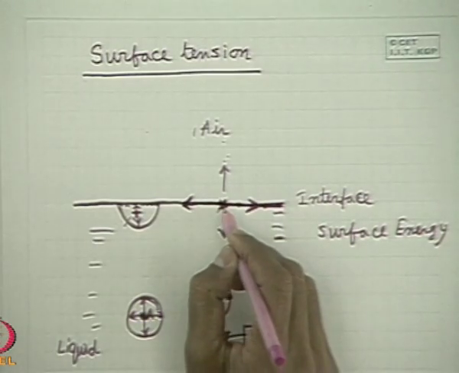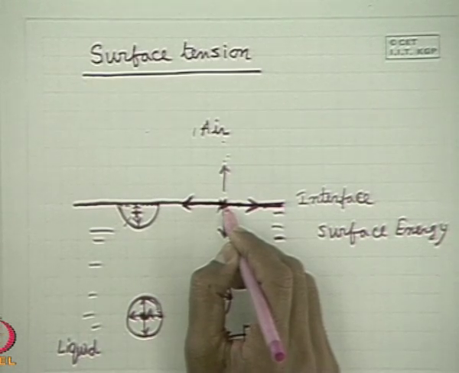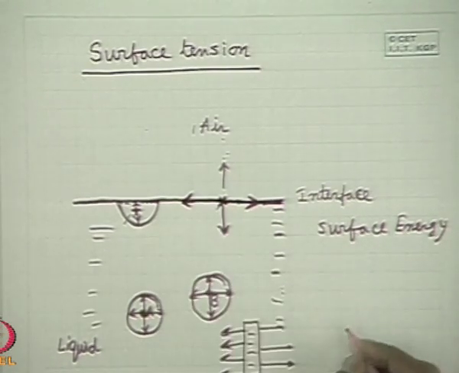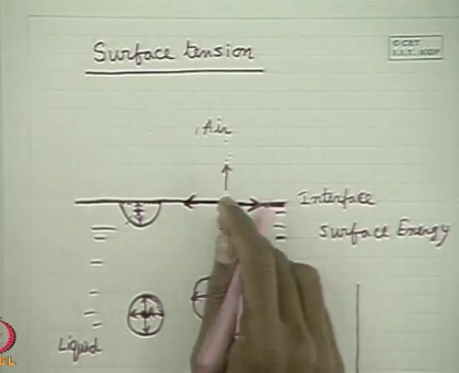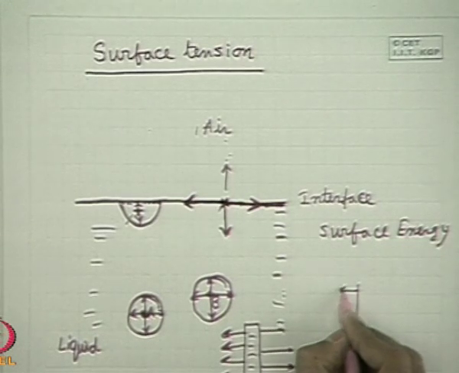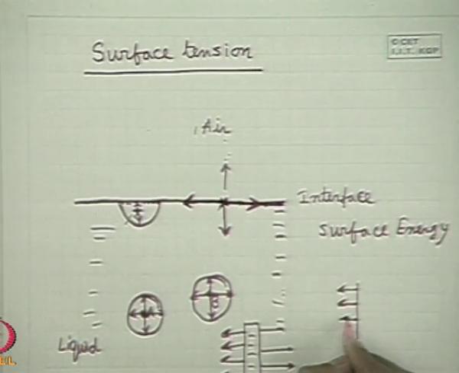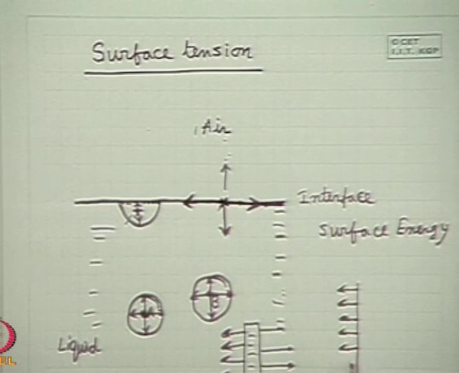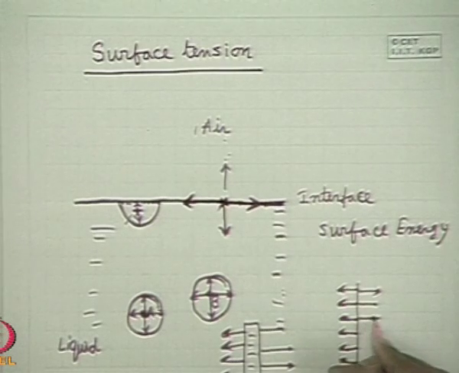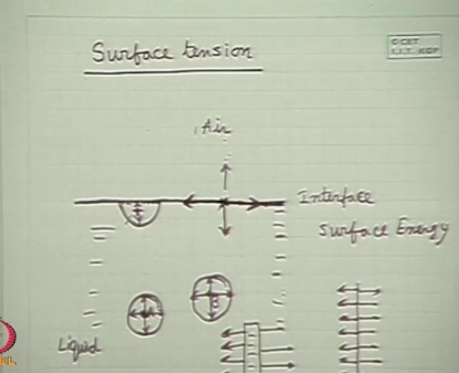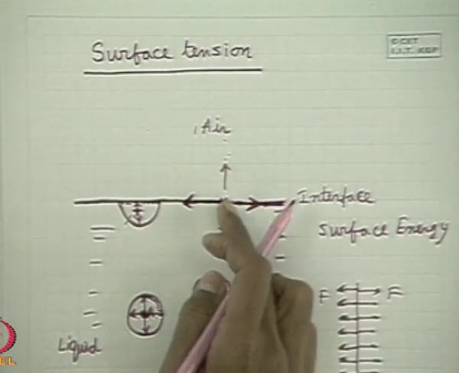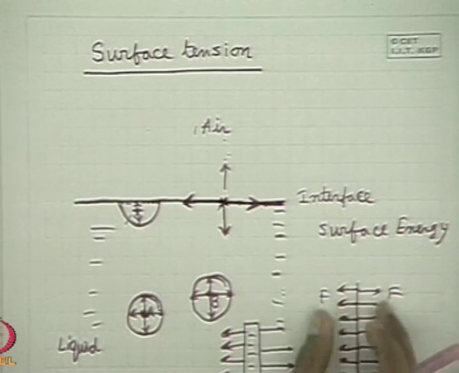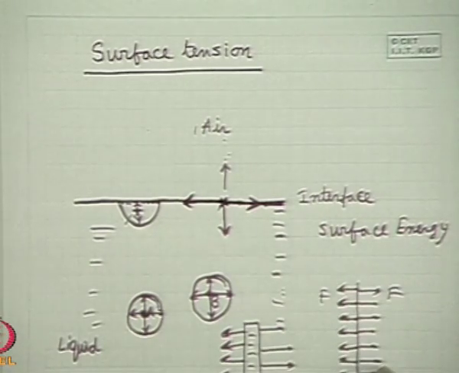Now, if we imagine a short linear element perpendicular to this plane, looking from the top, this will be perpendicular to the surface. Then we will see this linear element is under a state of tensile force in both directions. If we consider the linear element in isolation, we see this force F and F on both sides.